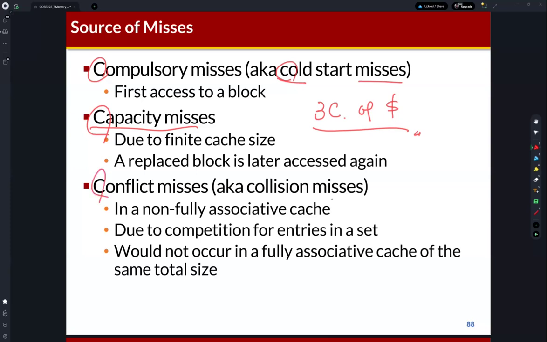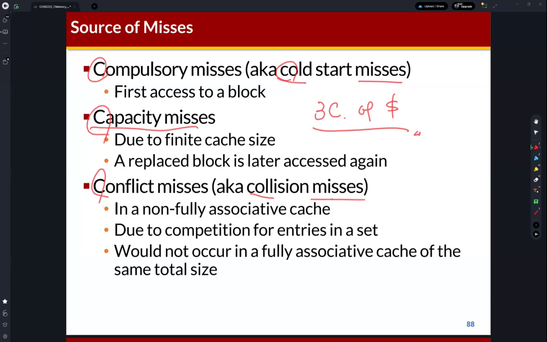Conflict misses are also called collision misses. We already know that if we use the fully associative cache, the cache hit rate can be higher compared to the set associative cache or direct mapped cache, right? So what does it mean? Because of set associativity, the cache misses can be increased.